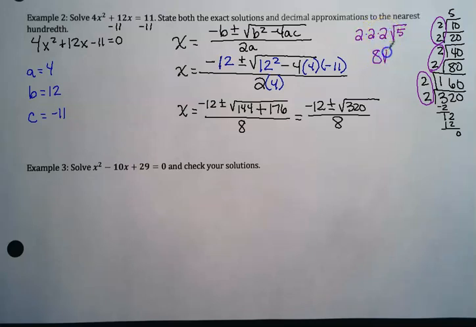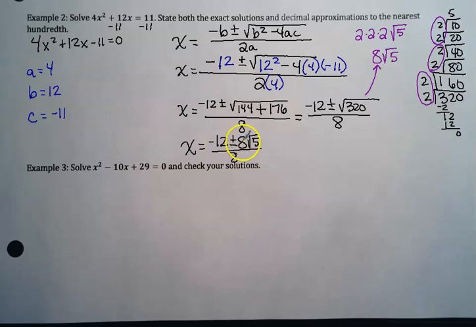So this is equivalent to 8 times the square root of 5. Okay, the square root of 320 is equal to 8 times the square root of 5. So that means x is equal to negative 12 plus or minus 8 times the square root of 5 divided by 8.